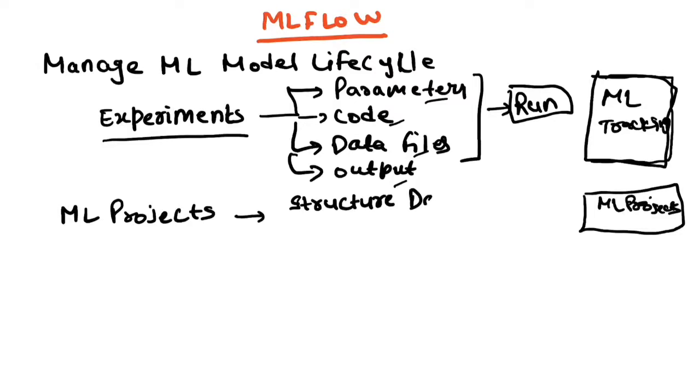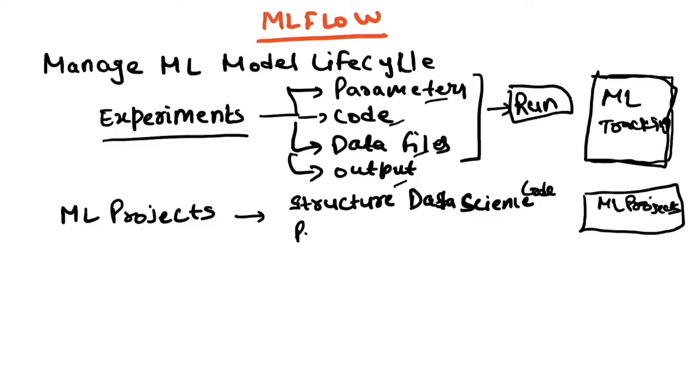It contains your code files, your dependent files, your artifacts, and one special file which describes how you want to run your ML project. Let's say you have written a Python file, and there are dependent files which are used within that Python file, which contains your data science code. Then you will specify a command for how you can run your Python file.